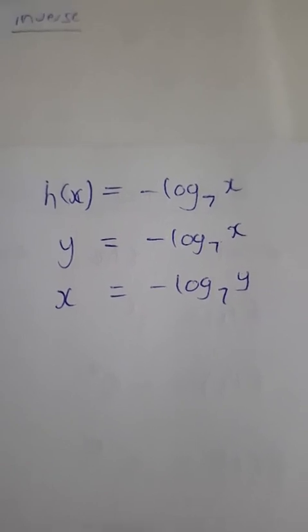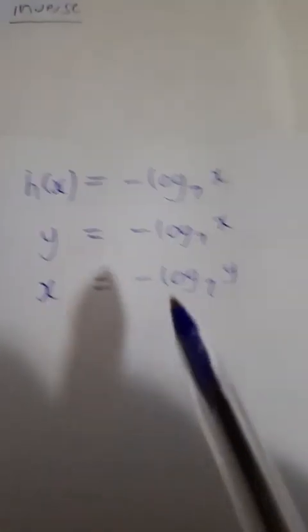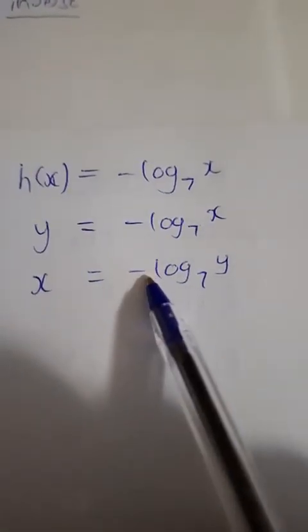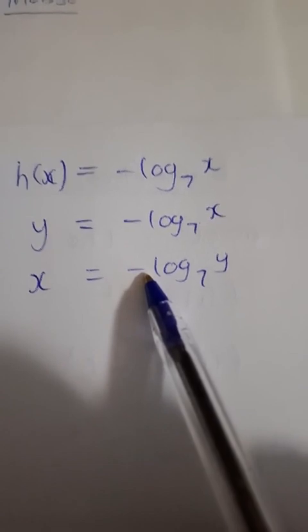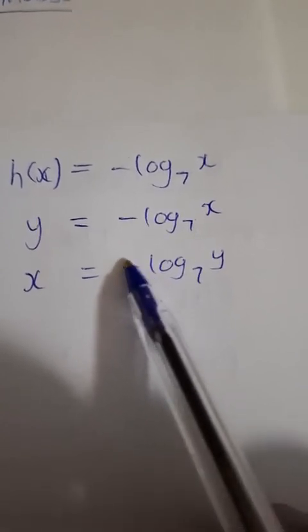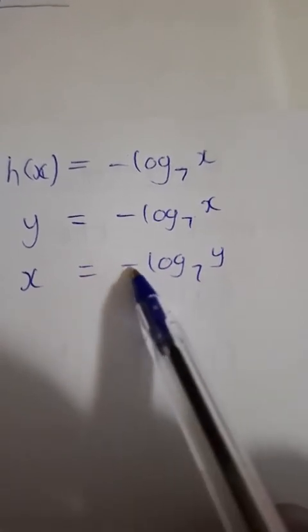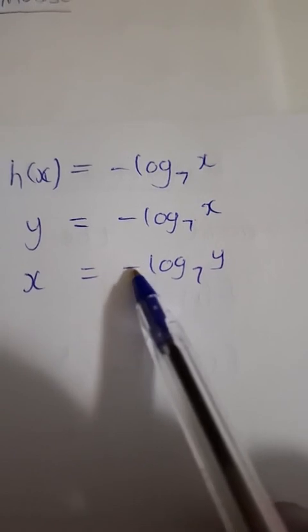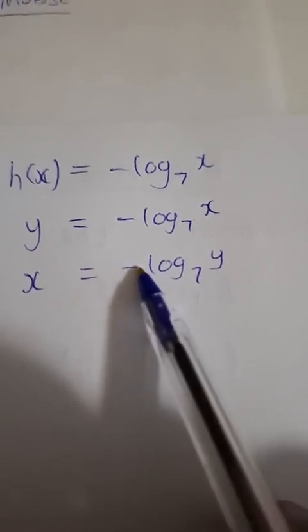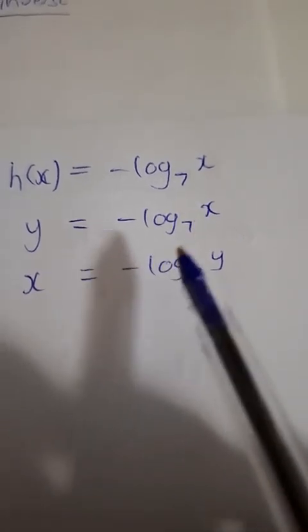Then, very, very important, before we jump and do anything else, you can see this negative. Before we do the kicking, there's a negative log. We need to eliminate this coefficient, because we can't just say the 7 kicks the x just yet.